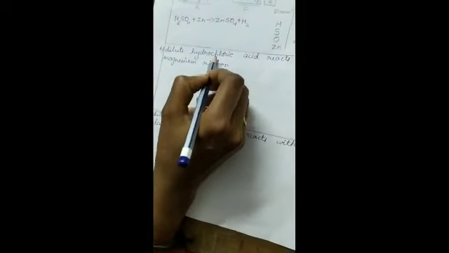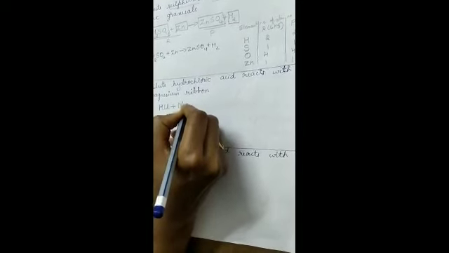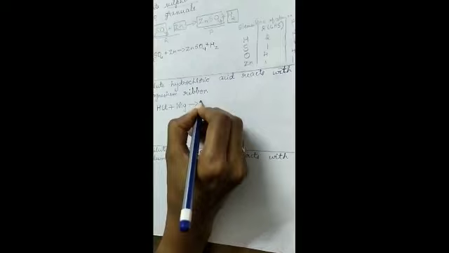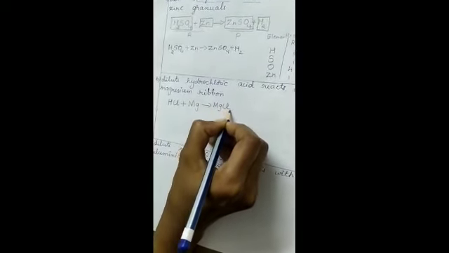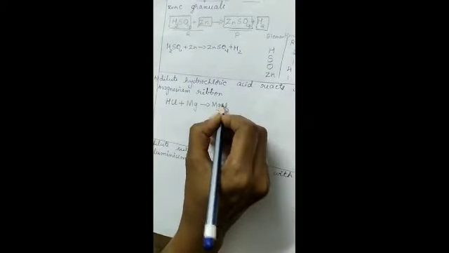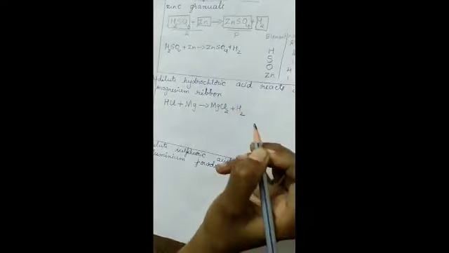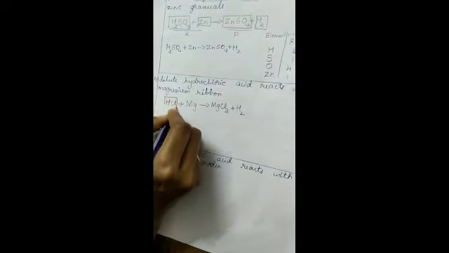Now let's move on to the second one. Dilute hydrochloric acid reacts with the magnesium ribbon. So HCl, that is the molecular formula of hydrochloric acid, plus magnesium ribbon, it is Mg, gives which salt? Yes, it is magnesium chloride, MgCl2, plus hydrogen gas. What is the first step? Yes, draw the box.